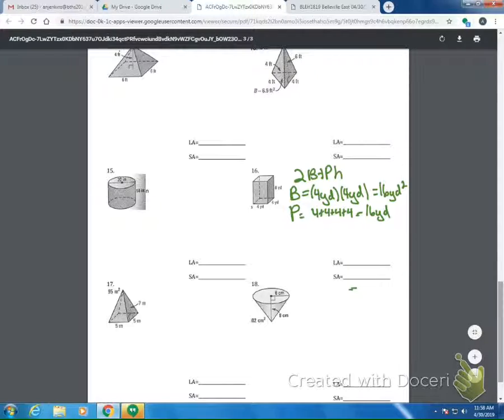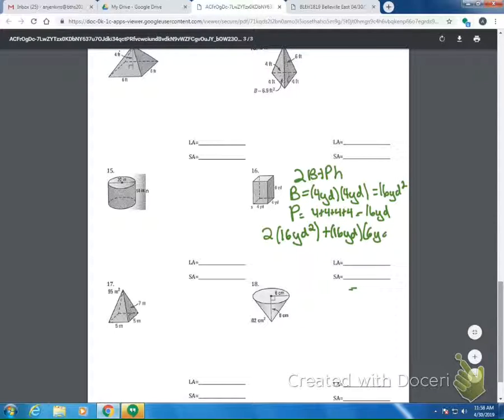Okay, so now let's go to Dylan. Dylan, I'm going to have you plug this into your equation. So we end up with 2 times the area of my base, which is? What's the area of my base? So that's 16 yards squared plus my perimeter of 16 yards times what's the height in this picture? 6.